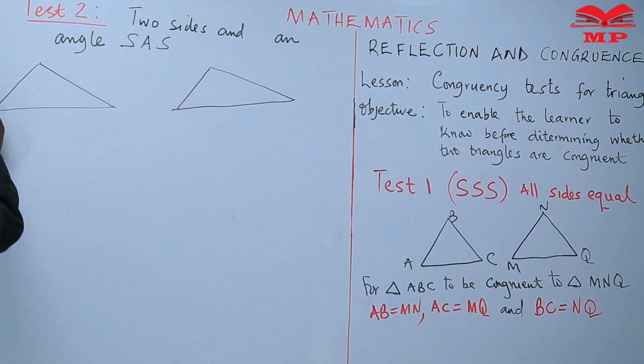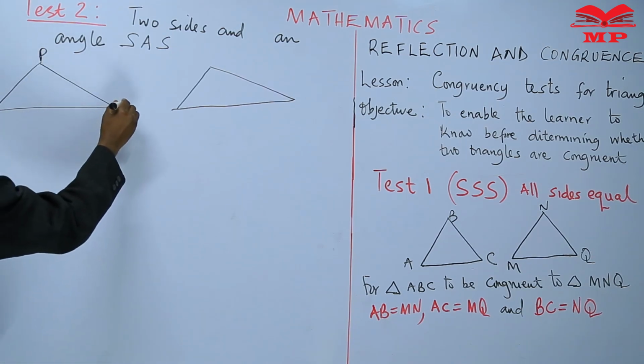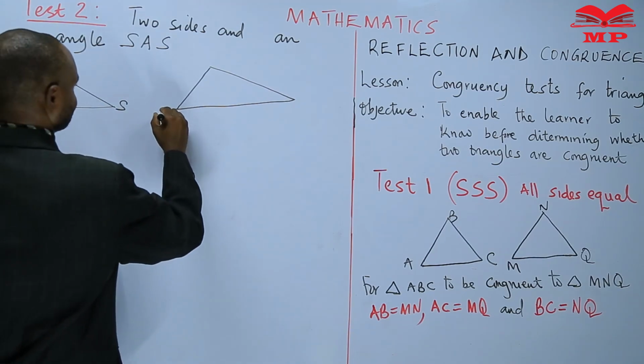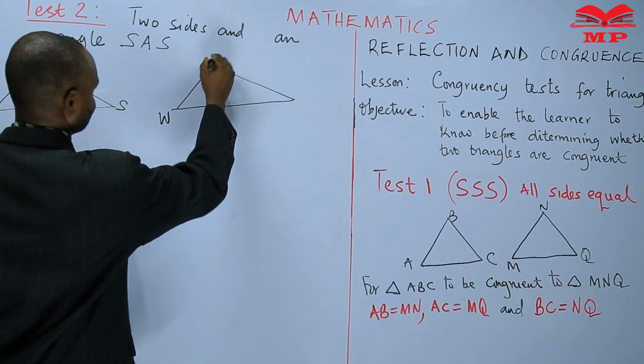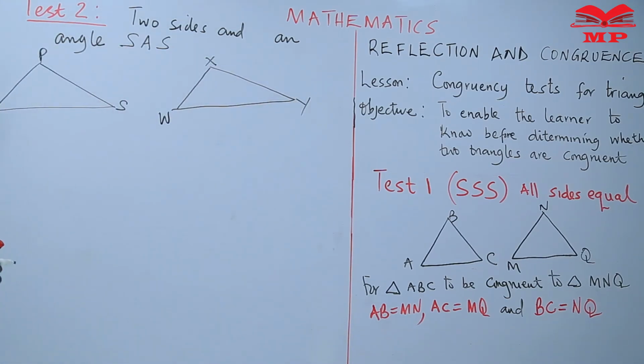If you have L, P, S, and you have W, X, Y, they have talked of two sides and an angle.